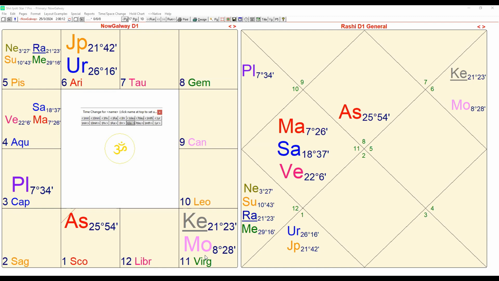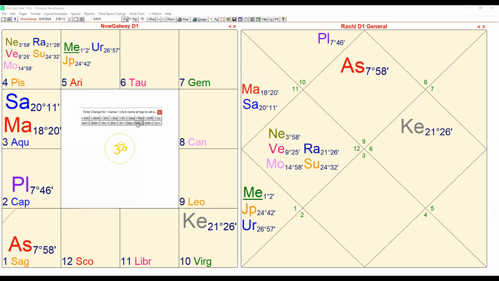Like social media, you might want to just delete all your social media accounts, or you might get into so many issues with social media that you want to walk away from it. These kinds of examples might not be exactly for you, but it's all to do with social life, 11th house. So think about that around the full moon, because it might come to a head around the 25th of March.